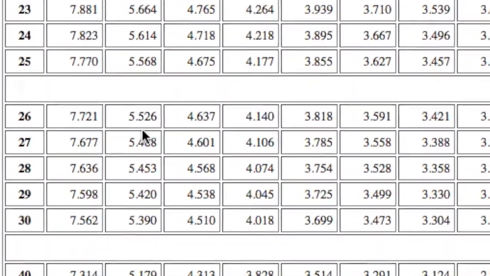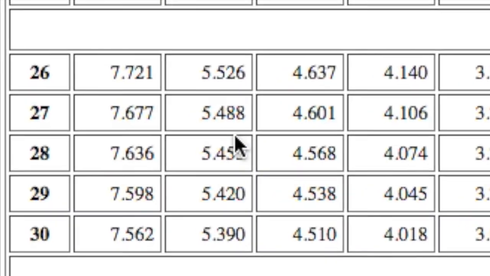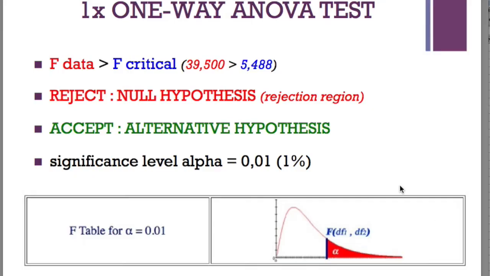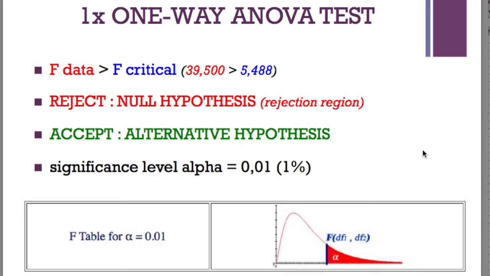So that's here, and here you see 5.488. You do the one-way ANOVA test. You see the F critical value, that's this blue here. The F critical value is 5.488, and it creates this rejection region.